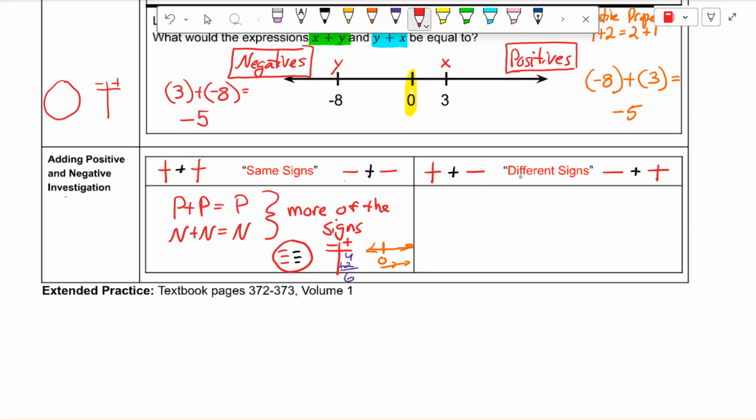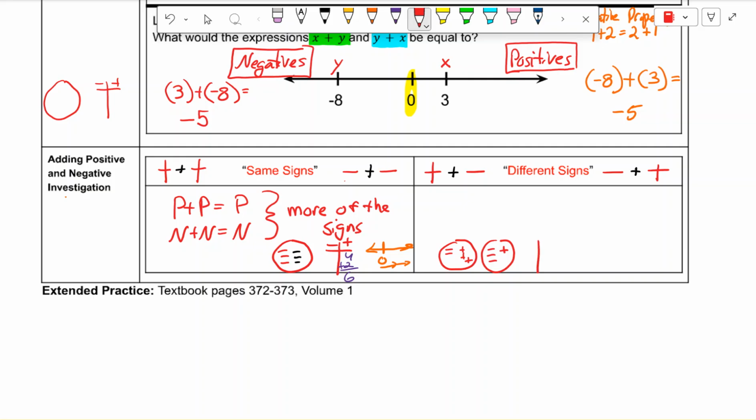Okay, so those are different signs. So this one was unique. It depended on which one had more signs. Remember in the universe of 0, if you had more positive signs, it was a positive answer. But if you had more negative signs, then it was a negative answer.